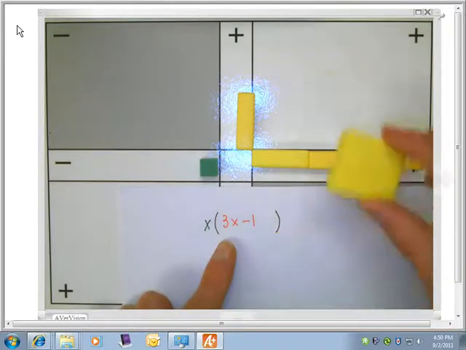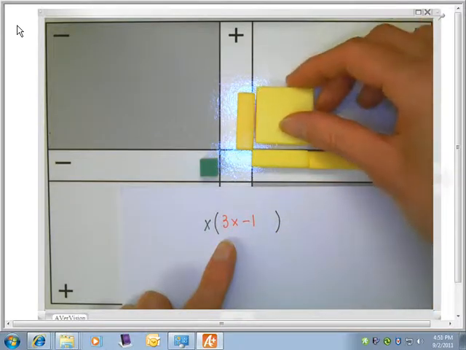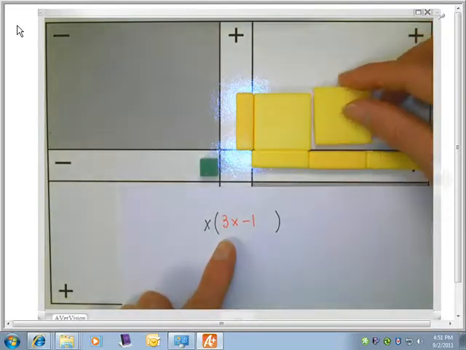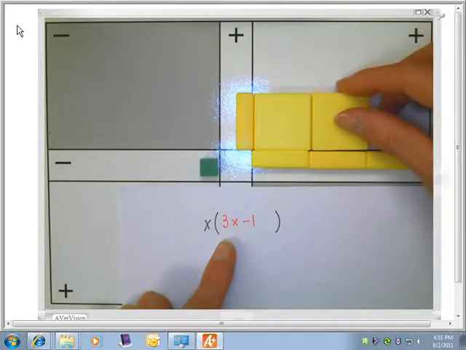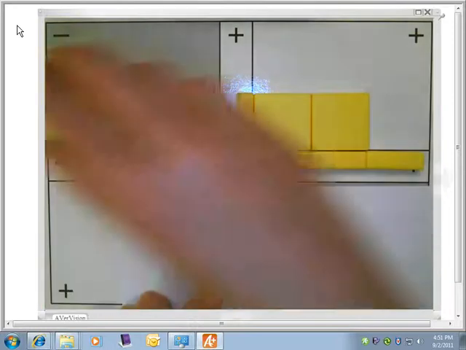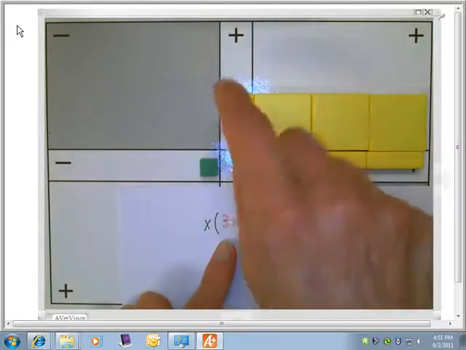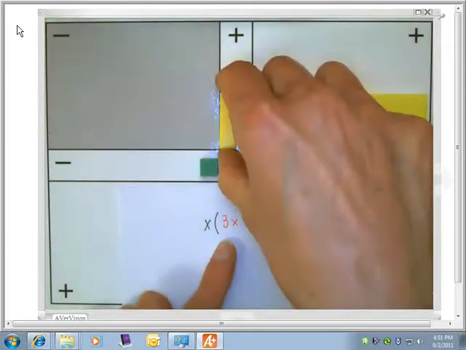That fits in there nicely. And that fits in there nicely. Okay. So that's one area, but I also have to do this area here because this rod also belongs over here for that area with the green and the yellow.